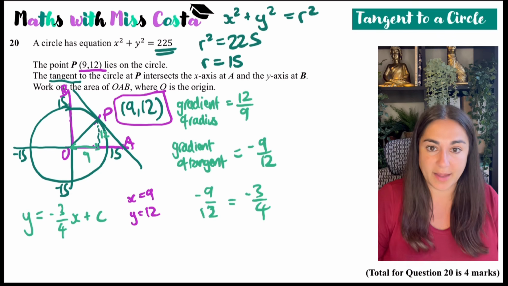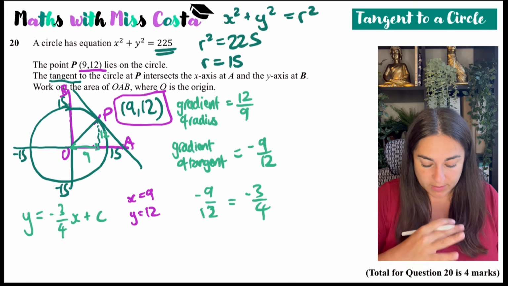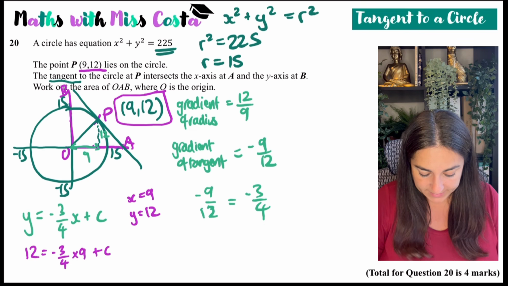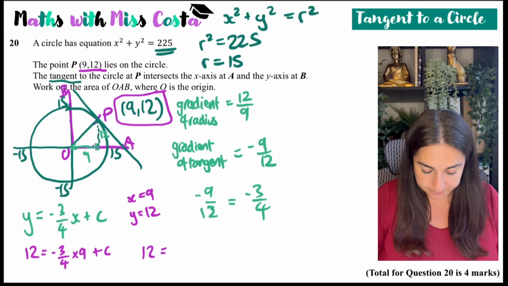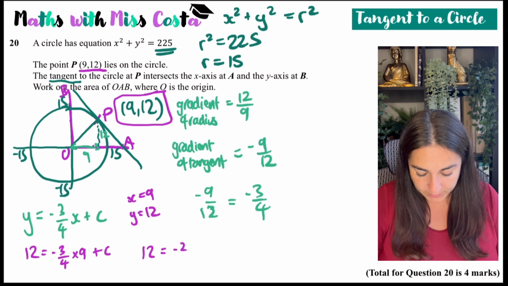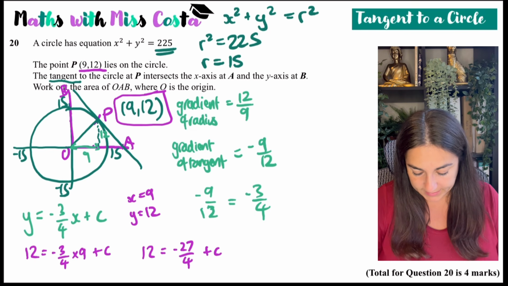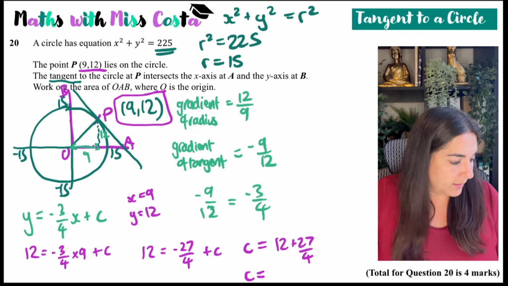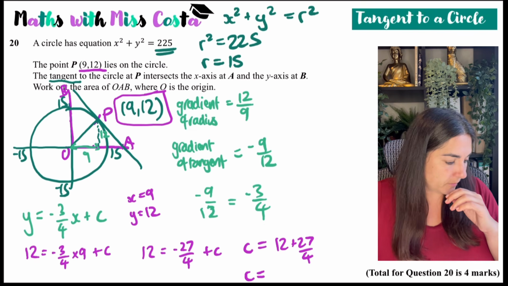I can substitute that into my equation of the tangent to work out what c is. So 12 equals -3/4 times 9 plus c. So 12 is going to be -27 over 4 plus c. So c is going to be 12 plus 27 over 4. So let's type that into my calculator.